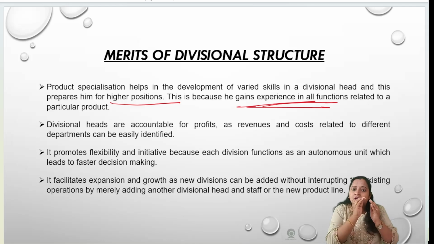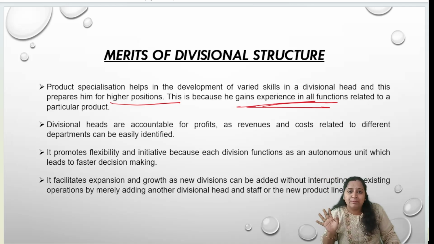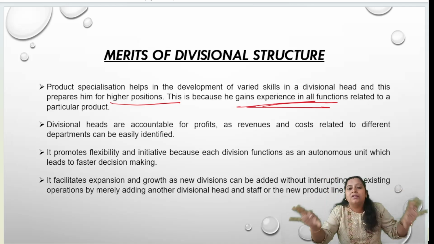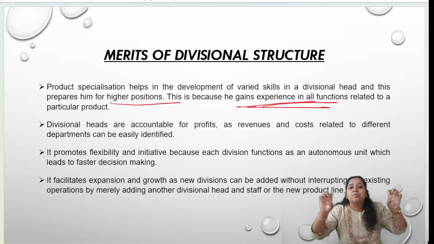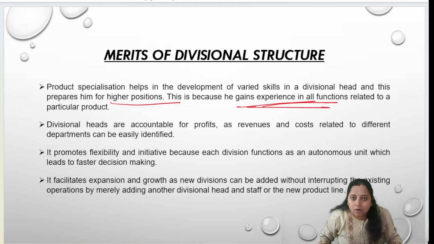How much revenue is earned from that particular division, how much expenses are incurred, what profit is earned in that division, that will be easily known to the top level management, because the divisional head is held responsible for all the activities. He is held responsible for earning the profit.